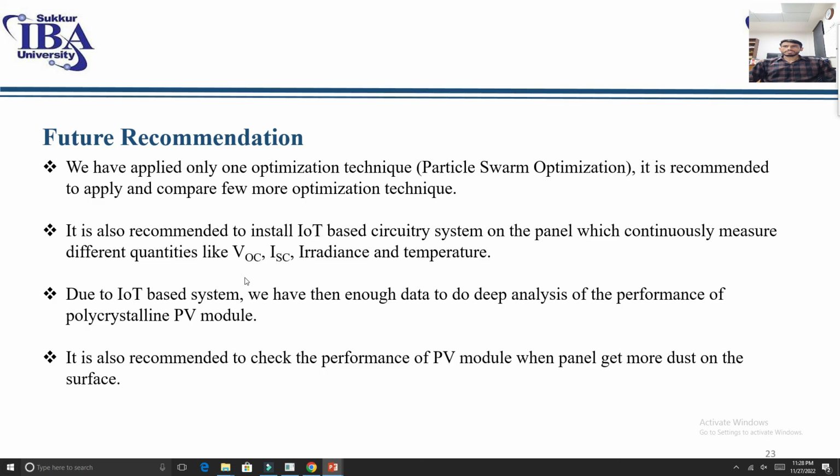Due to the IoT circuitry system, we will be able to deeply analyze the performance of the polycrystalline PV module. It is also recommended to check the performance of the PV module when the panel gets more dust on the surface. It means when the panel gets dusty, its power and efficiency reduce.